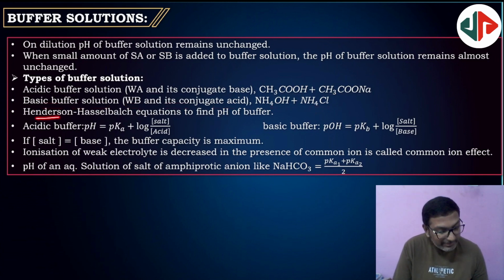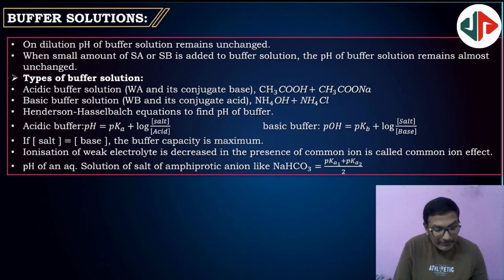Next, Henderson's equation to calculate pH. Acidic buffer: pH equal to pKa plus log concentration of salt by concentration of acid. Basic buffer: pOH equal to pKb plus log concentration of salt by concentration of base. Maximum buffer capacity means concentration of salt and base will be equal, or concentration of salt and acid must be equal.